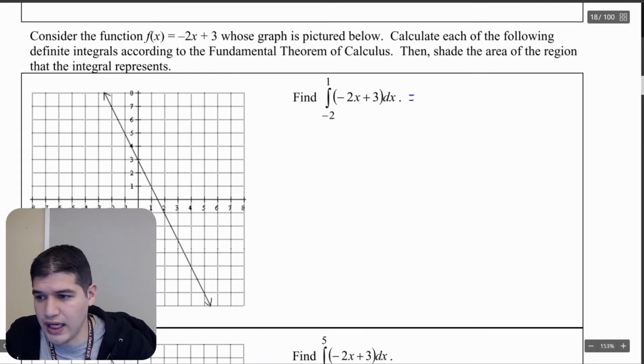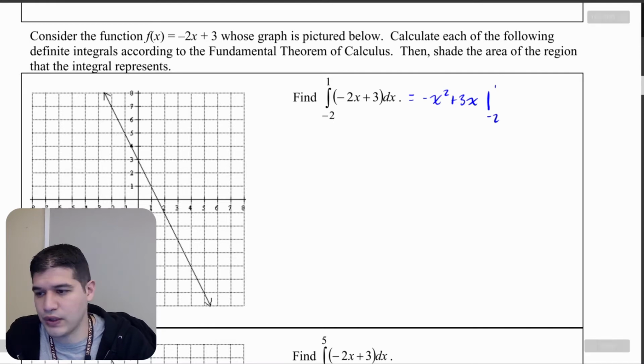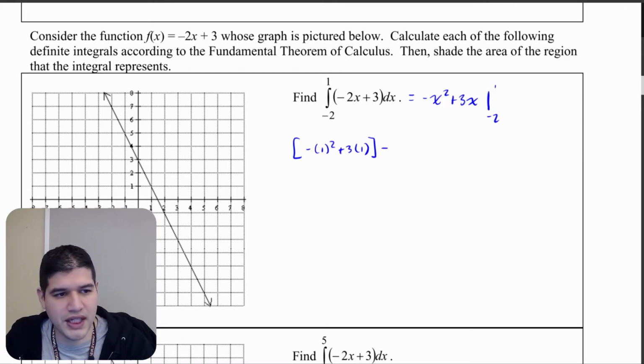Looking at these antiderivatives, I have negative x squared plus 3x, and I want to calculate this from negative 2 to 1. So I'm going to substitute 1 in for the x values. That's going to be negative 1 squared plus 3 times 1, and then I'm going to subtract it from that lower bound of negative 2.